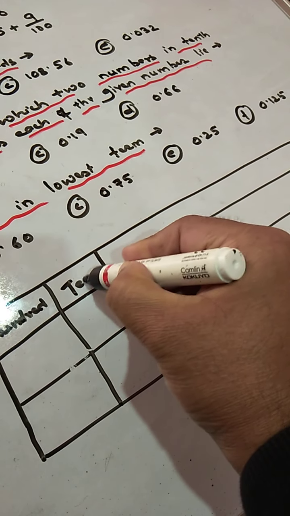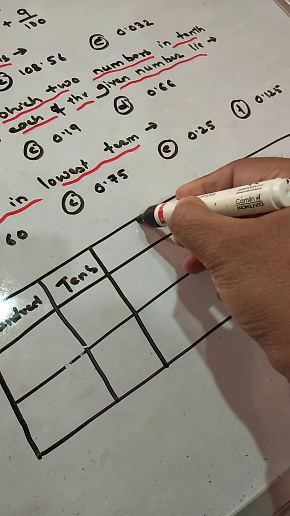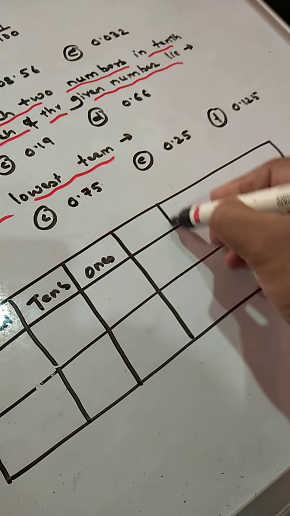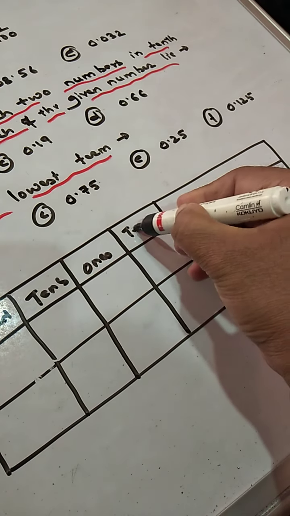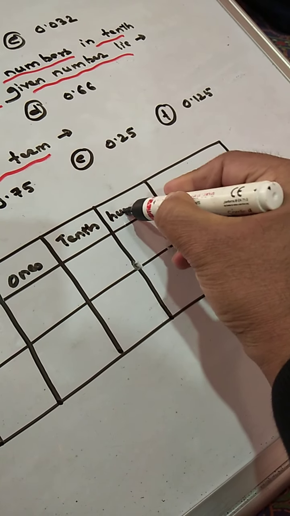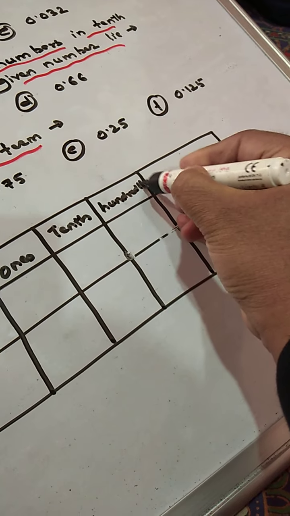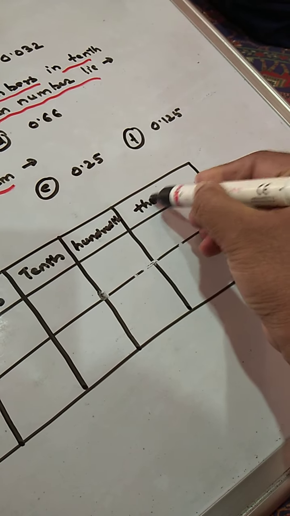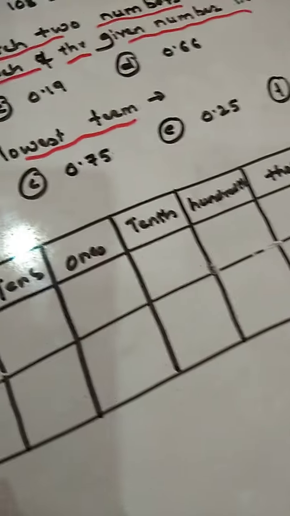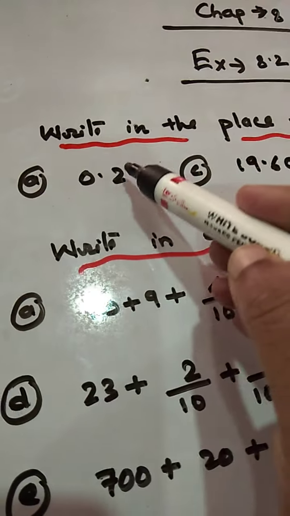Then we'll write tens, and then ones. Then tenth, then hundredth, and finally thousandth.